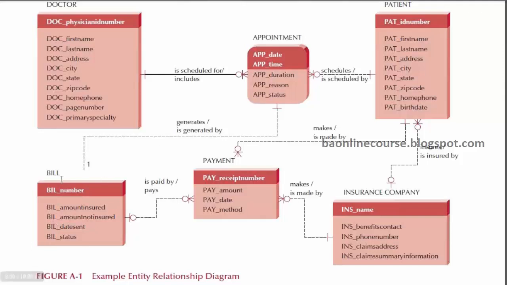Then for a bill, maybe you need to store the amount which is insured, the amount which is not insured, and generate them as separate bills, or different payments should be made for each one of them. There would be a status of the bill and the date on which the bill is generated and all that. So for each of those entities, you're figuring out what information we are capturing and what we need to store. So those become your attributes.